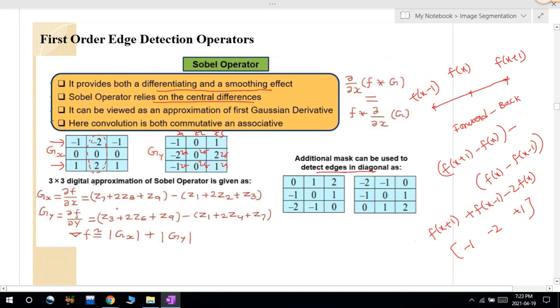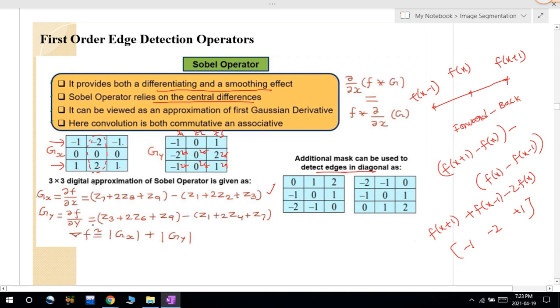So Z7 plus 2Z8 plus Z9, minus Z1 plus 2Z2 plus Z3. This is what we get.